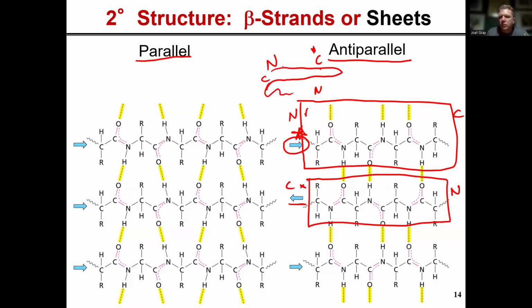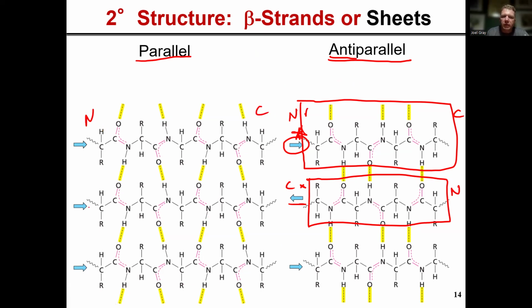The N aligns with the C, and the C aligns with the N. Okay, so that's where anti-parallel comes from. They're aligned with one another, so they're parallel, but they're going in opposite directions, which is where anti comes from.